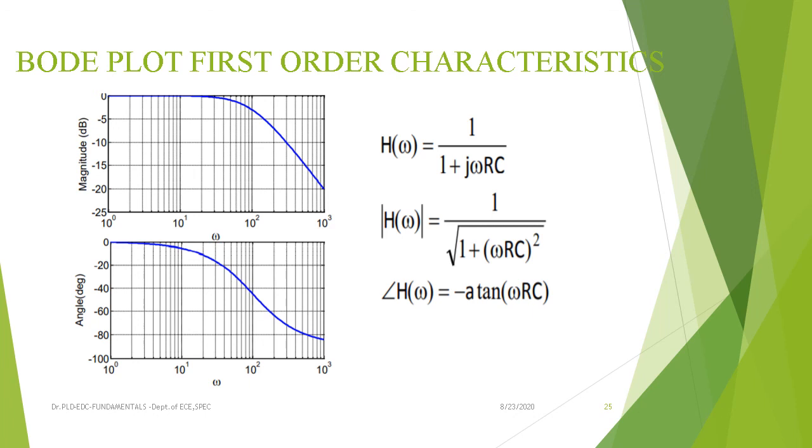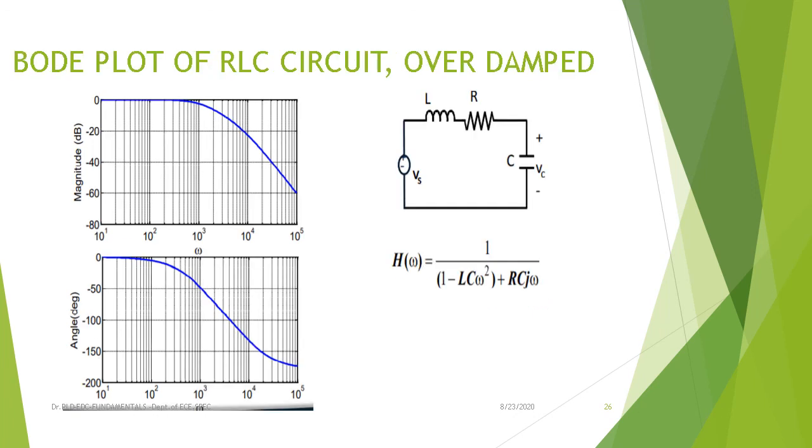If we plot these characteristics, we call it the Bode plot, with magnitude versus angular frequency and angle versus angular frequency. That's the difference between linear plots versus Bode plots.